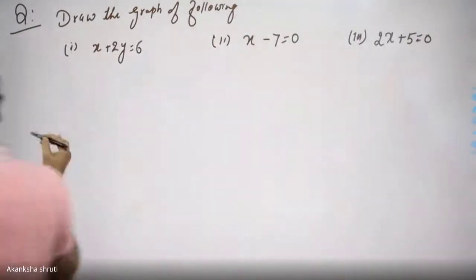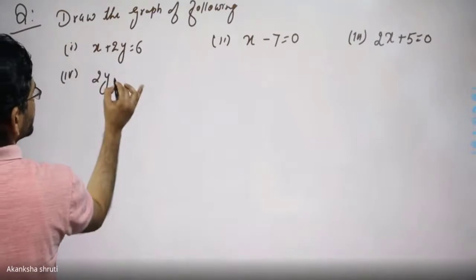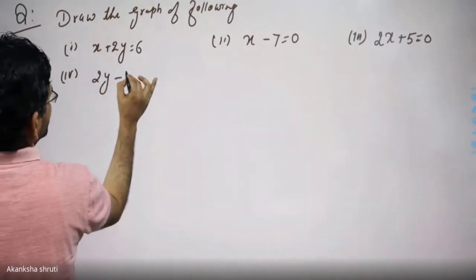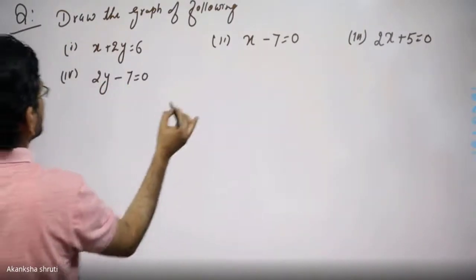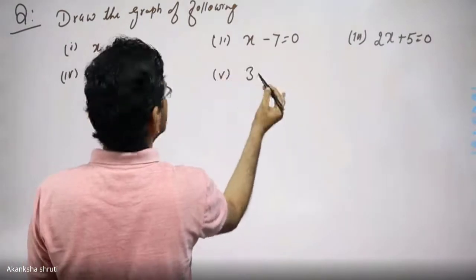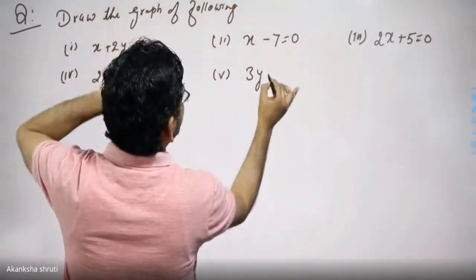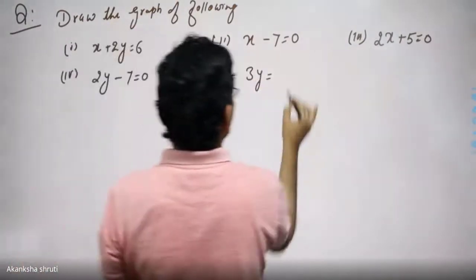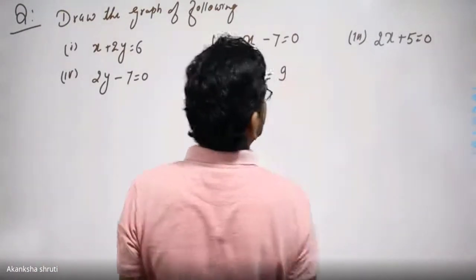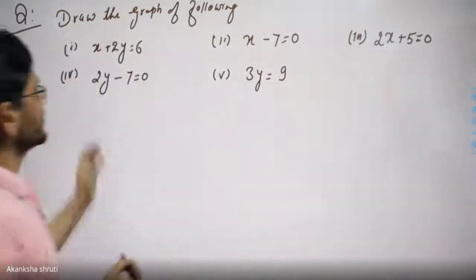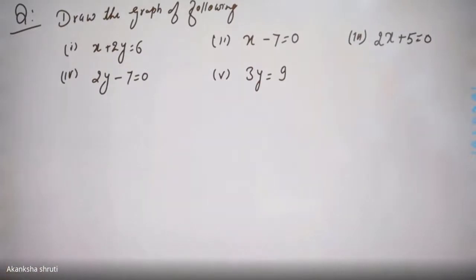The fourth one, 2y minus 7 equals 0. Fifth one, 3y equals 9. These are the equations whose graphs we have to draw.